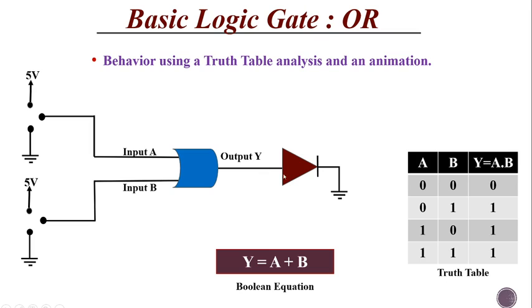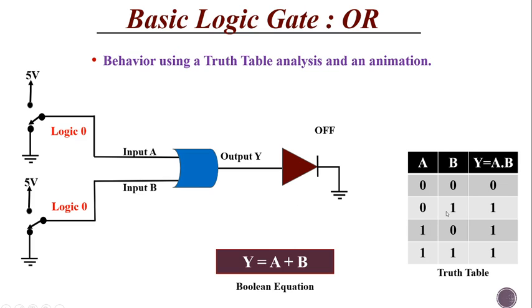To represent the output as a 0 or a 1, we are using an LED at the output, and this is the equation that represents the OR operation, that is A plus B. Now let's apply the input combinations to these inputs and check the output. First we apply logic 0 to the inputs of this OR gate, and we get the output equal to 0 and the LED is off.